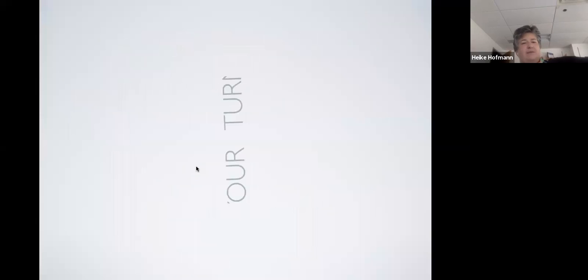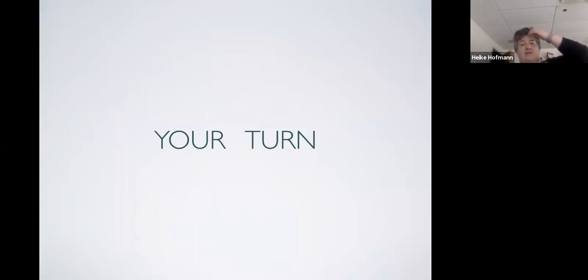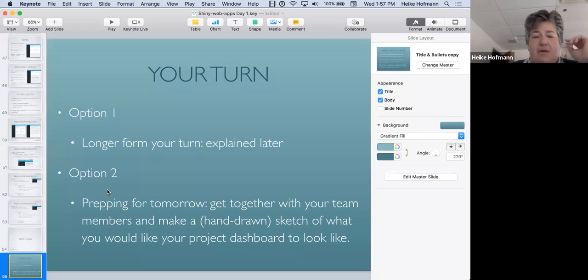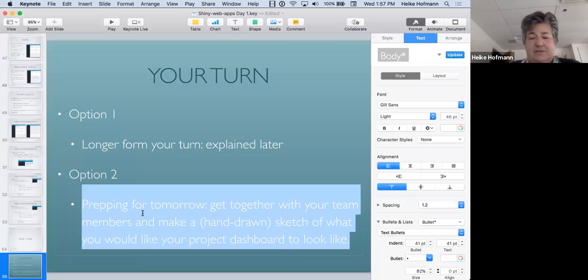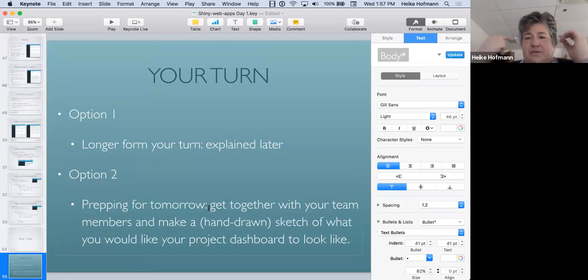So this is the point where I wanted to start a really big U-turn, and time doesn't really permit for that now. But what I want you to do is I want you to get prepped for tomorrow. So we're going for option 2. I want you to find a couple minutes this afternoon to get together with your team and start by hand drawing a sketch of what you want your dashboard for your project to look like.